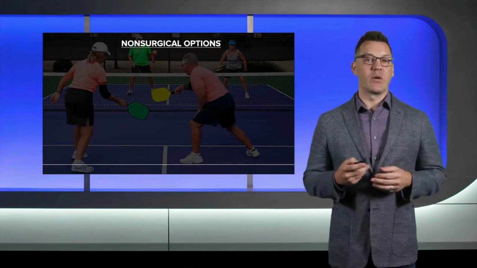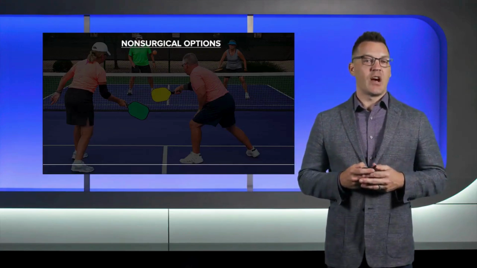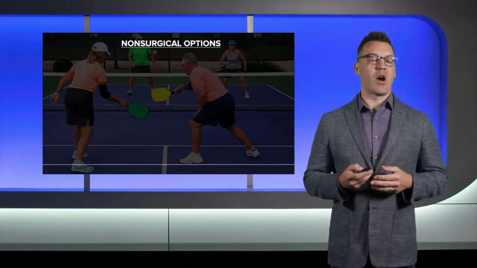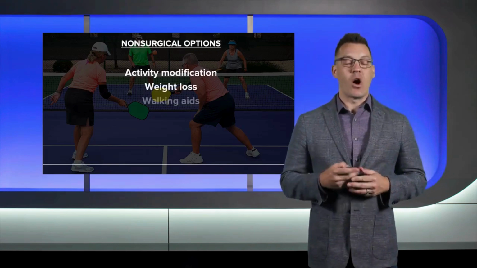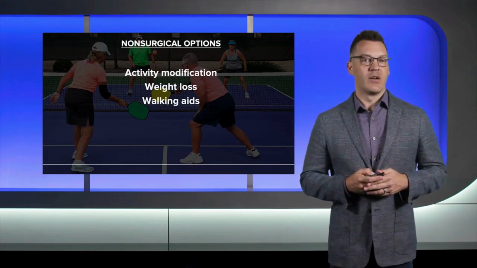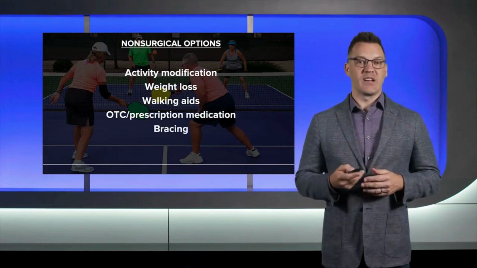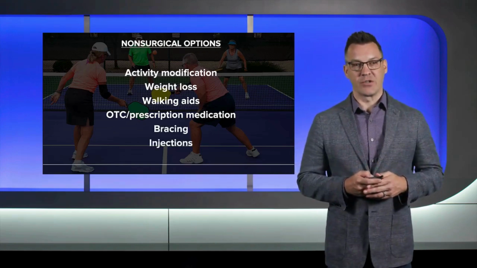When patients have mild to moderate degenerative knee disease, and symptoms that match, they can try non-surgical options to help with the pain on a daily basis and make activities more tolerable. Activity modification, weight loss, walking aids such as a cane or walker, over-the-counter or prescription medication for pain, bracing of the knee joint, and injections, just to name a few of those conservative measures.